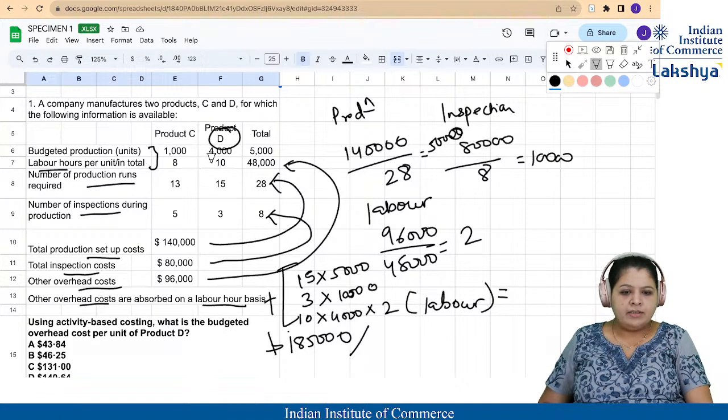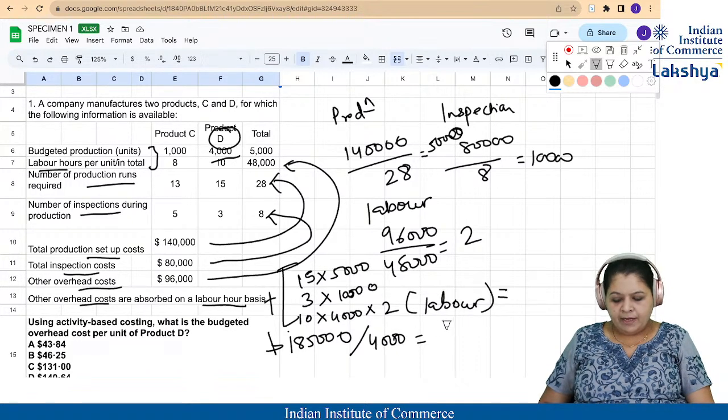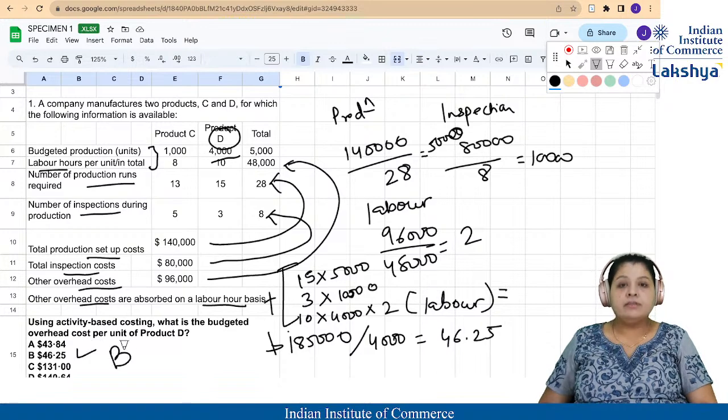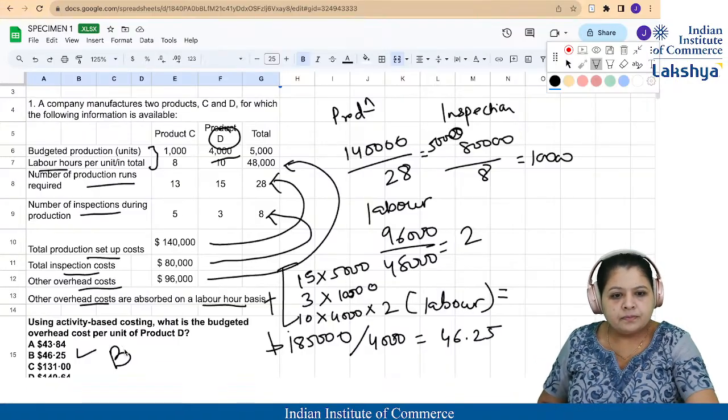And how much is that? 4,000. So I'm going to divide that by 4,000, and you will get a value which is 46.25, and that is your answer B, right? So your answer here is B, right?